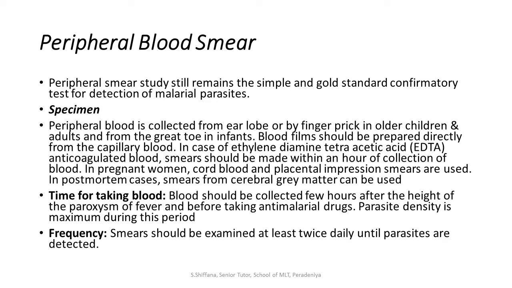When we look at the peripheral blood smear, this is the gold standard method. Normally we have to collect the peripheral blood and prepare the smear, the thick and thin blood smear.